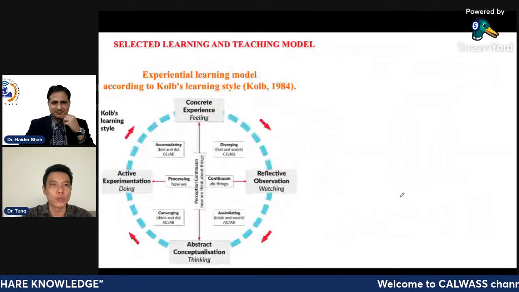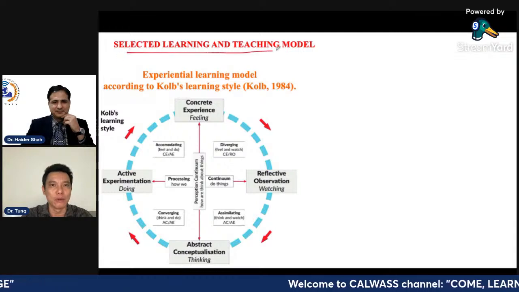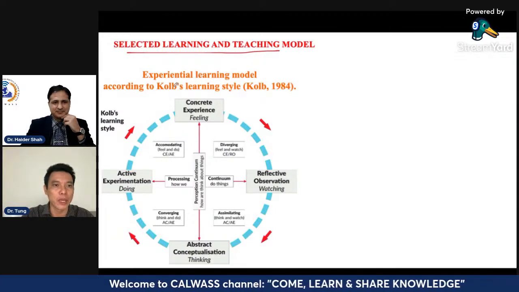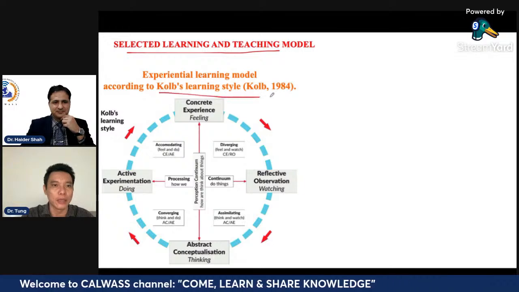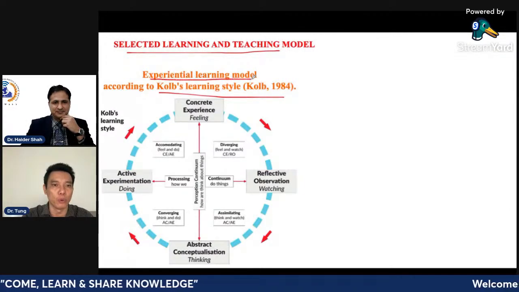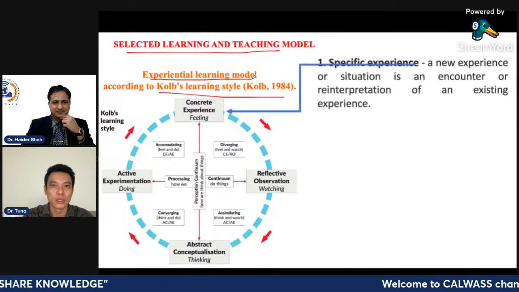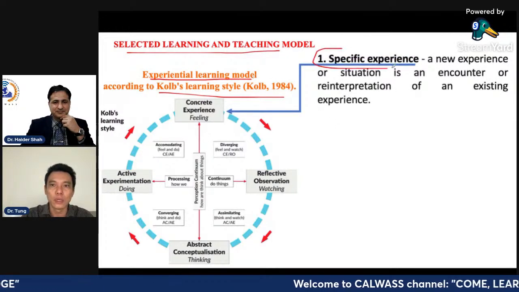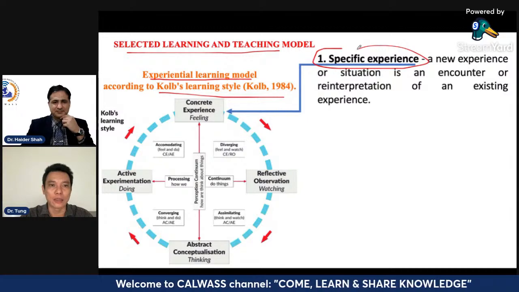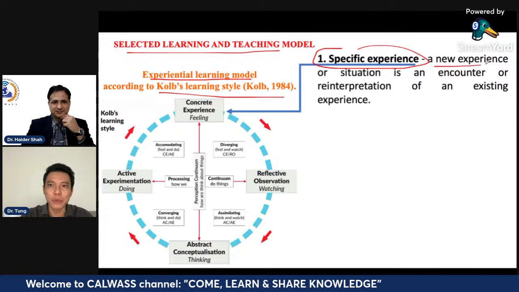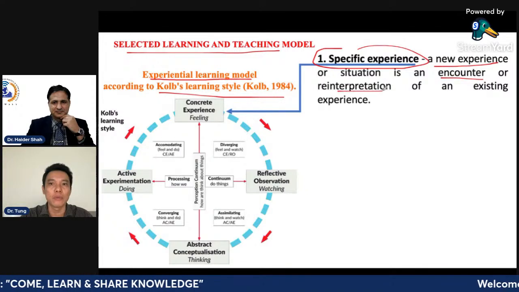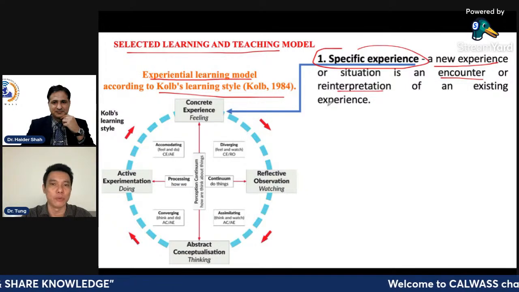I would like to share with you my experiential learning model. As you can see on the slide, my research is based on Kolb's experiential learning model. There are 4 stages. The first one talks about specific experience, and you can see that a new experience or situation is an encounter or reinterpretation of an existing experience.